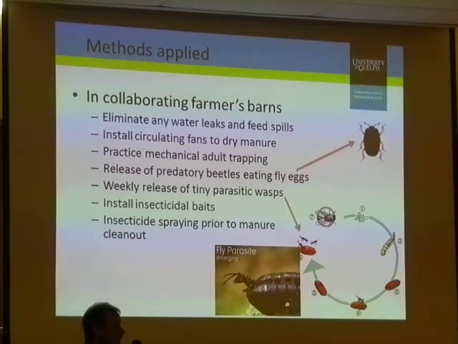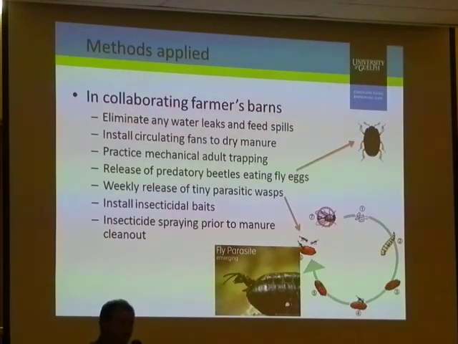Then we will install baits with some insecticides. It's a little plate. There's an example there. We place some insecticidal baits in the plate. The fly will go there, feed and die. So a good option. We're trying to reduce the number of adults, and if there are some adults, trying to kill them.